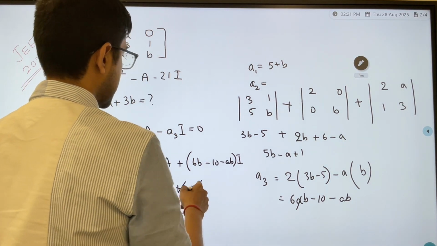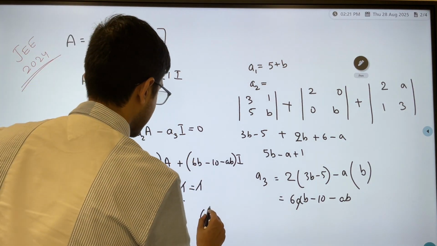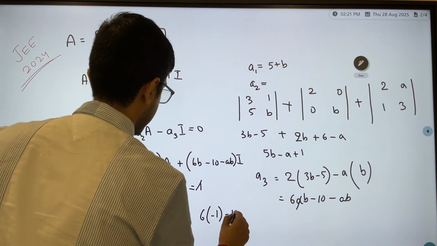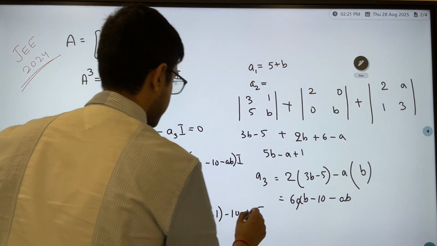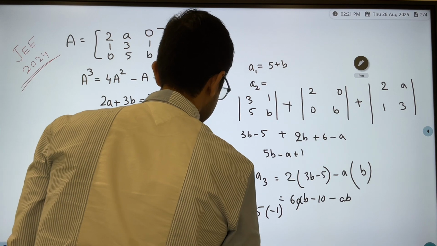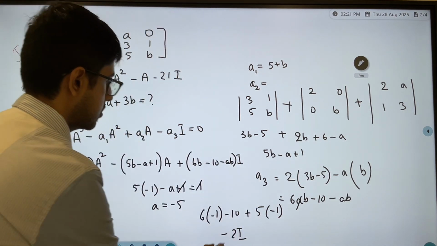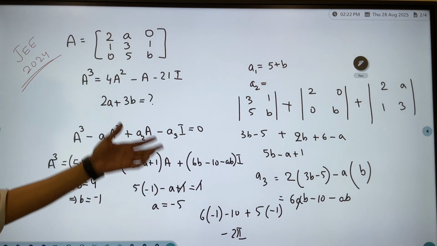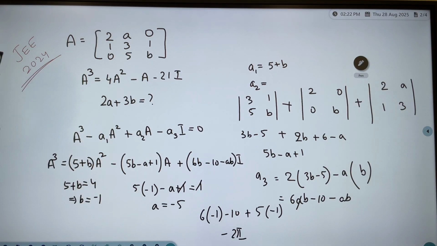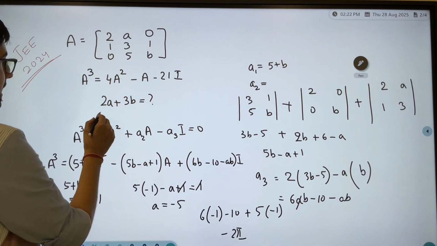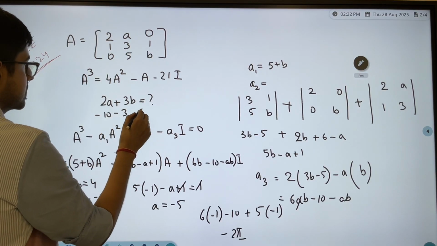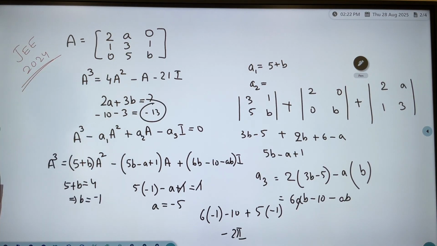When I plug these values in, I'll get 6 into minus 1 minus 10 plus 5 into minus 1, which is minus 21I, and that holds true. So we have found the value of B as minus 1, and A plus B is minus 5 minus 1, which is going to be minus 6, and that solves our question.